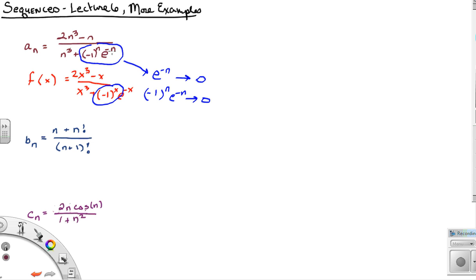And as n goes to infinity, what's that behavior? Well, it's a cubic over a cubic. It goes to the ratio of the leading coefficients, 2 over 1 or 2. So the idea is this term going to 0 really makes this bottom behave like n cubed, and we can treat it that way.